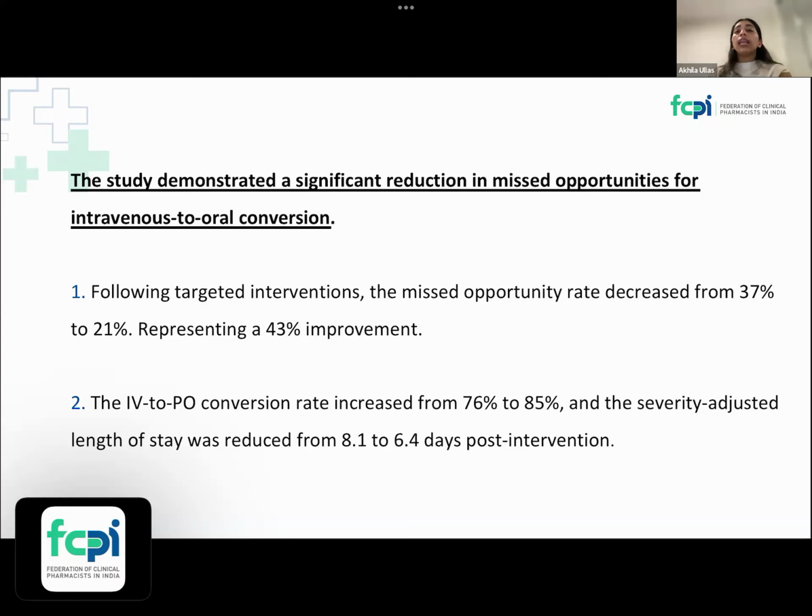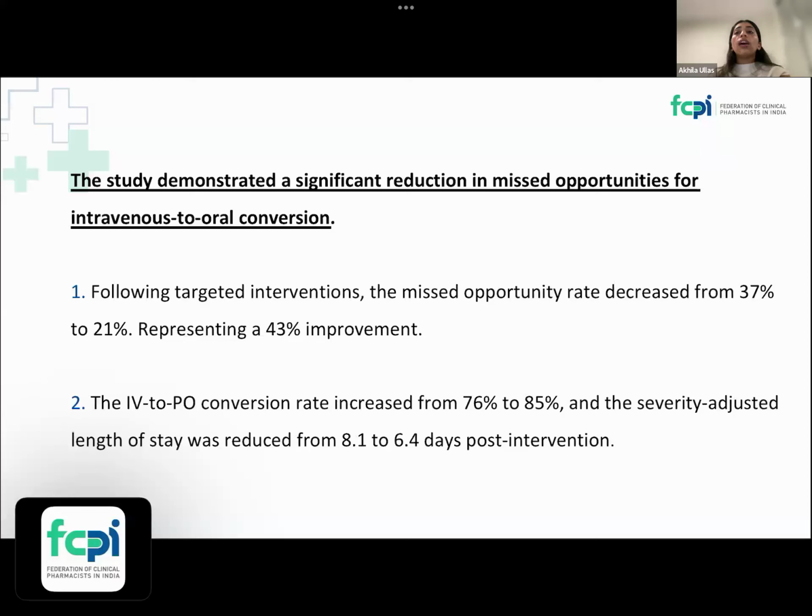This study mainly indicates the importance of clinical pharmacists in critical care, and how we can intervene in patient medications, especially in conversions from IV to oral or oral to IV, and how they affect the patient's therapy, clinical and physical status, financial outcomes, and the hospital stay of the patient.